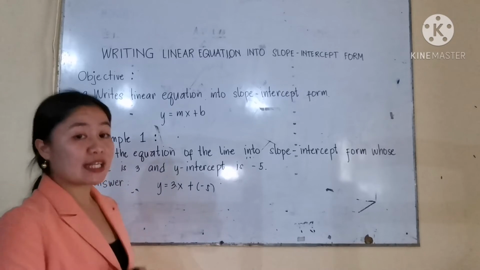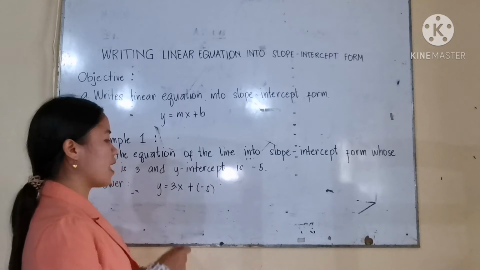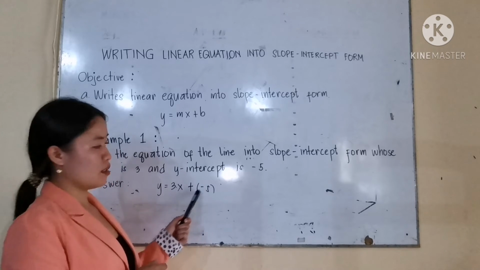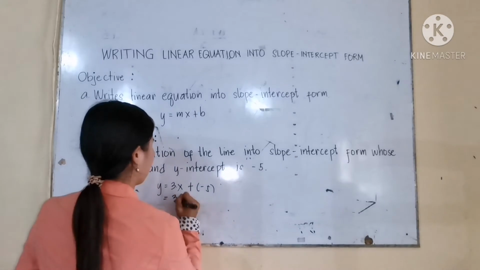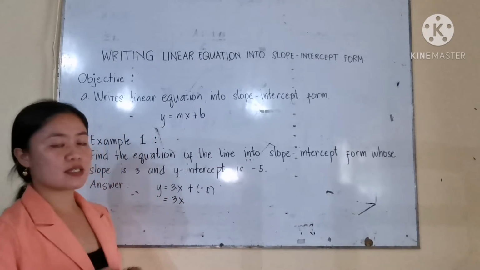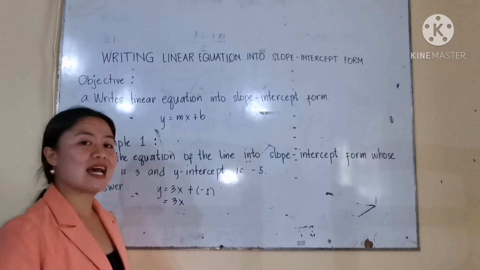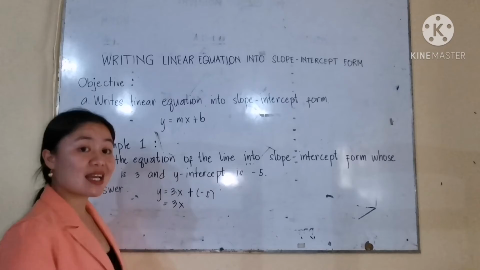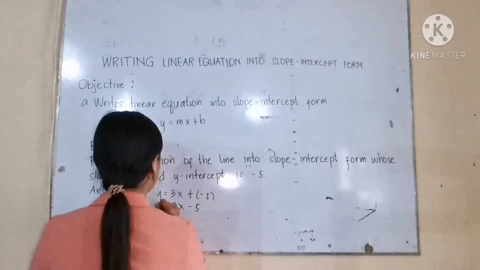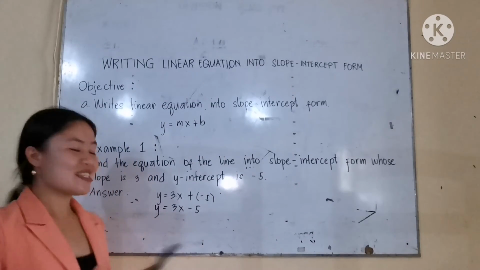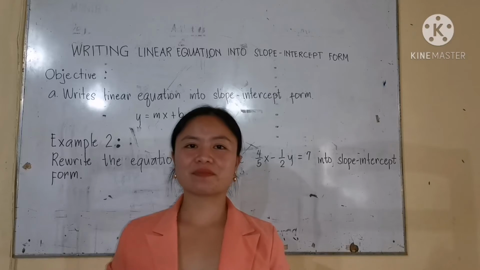So we enclose -5 in the parentheses because we're going to multiply the sign to the -5. 3x positive times -5 equals -5. So 3x minus 5. This is now the equation in the form of slope-intercept form.